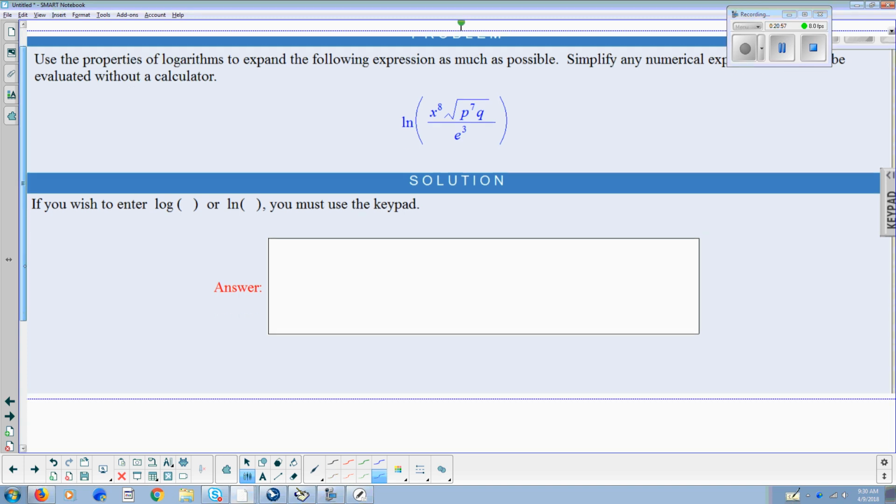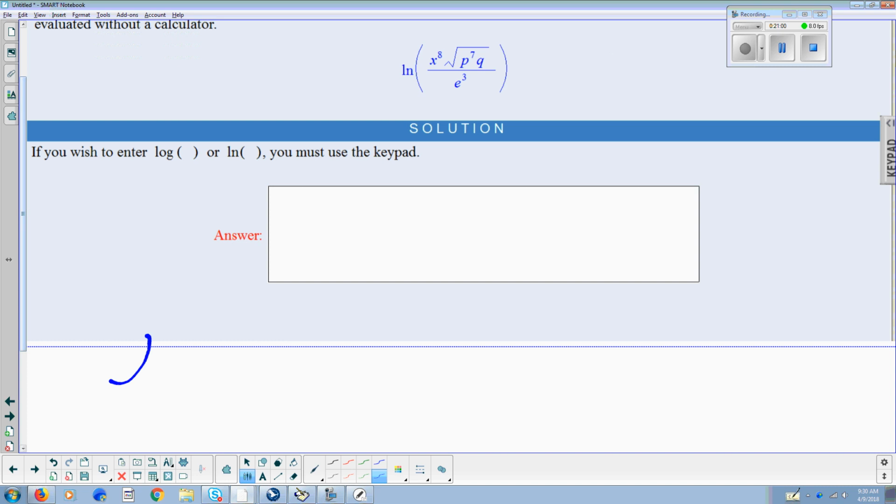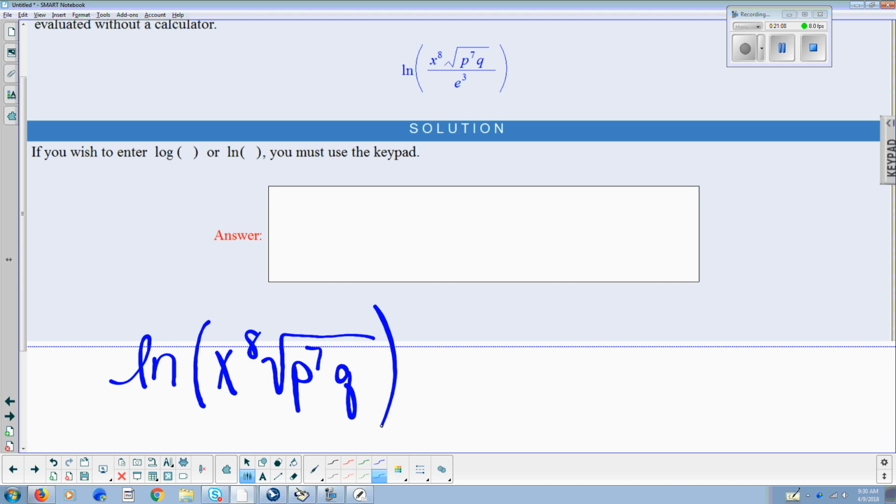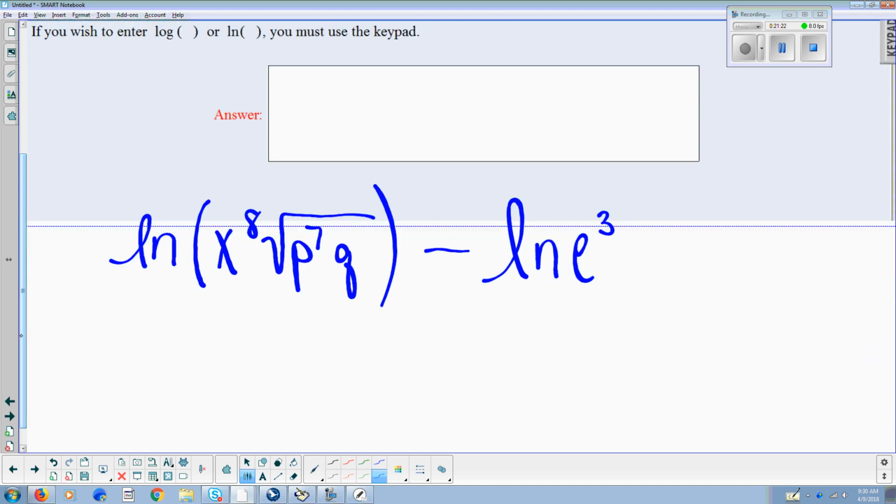I can use the quotient property to rewrite this entire expression as the ln of x to the 8th times the square root of p to the 7th q minus, everybody following here, ln of e to the 3rd power. Now what do we know that ln of e to the 3rd power simplifies to equal? By our properties of logs, that cancels. We end up with minus 3. Sure.